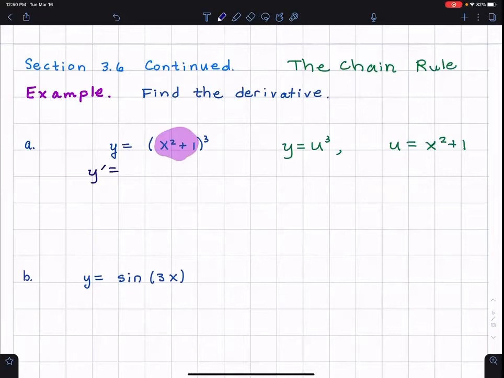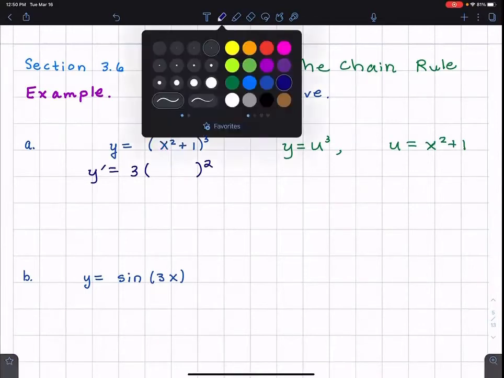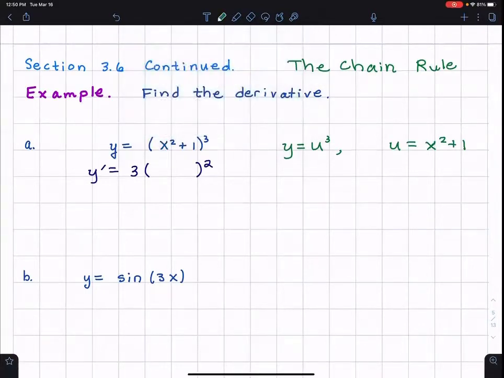u to the third power, and I use the power rule, and I get 3 whatever's inside to the second power. That is the derivative of u cubed. The derivative of u cubed is 3u squared. What goes inside? The same thing that went into our original function, x squared plus 1.